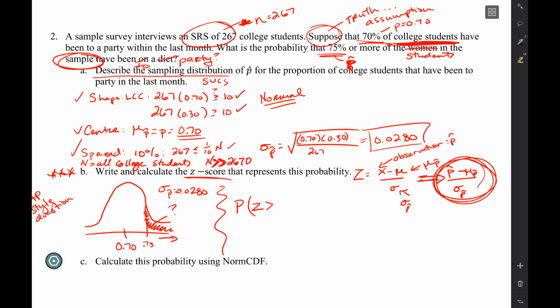So let's go ahead and just plug in to this formula, where p hat is going to be your, oops, I'm sorry, p hat was supposed to be 0.75. My fault. That's going to be 0.75 minus mu sub p hat from the previous prompt, which was 0.70, and then for our standard deviation, we don't even want to use the 0.0280.